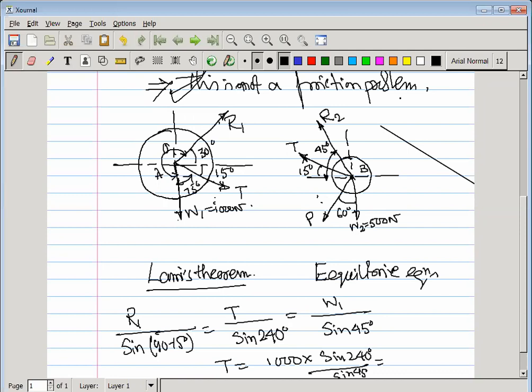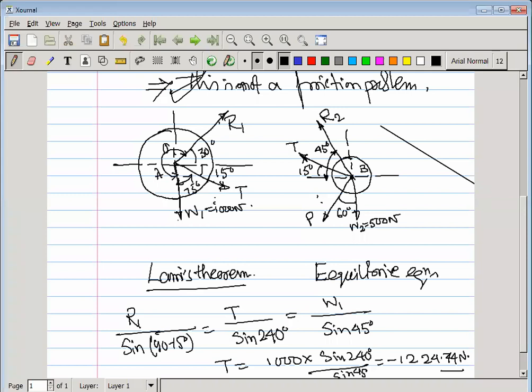See here. T is equal to 1000 into sine 240 divided by sine 45. How much is it? Minus 1224, sir. 0.74. Okay. So it means it comes negative, meaning our direction is actually the opposite side.